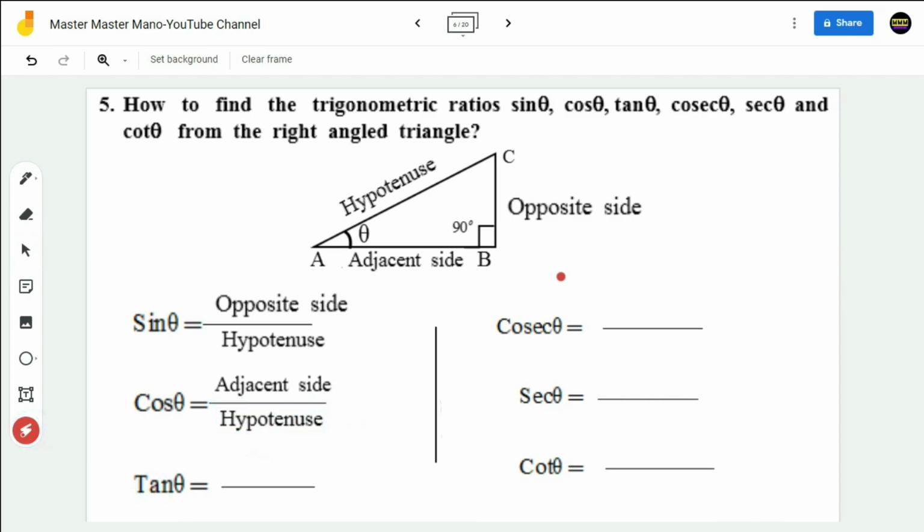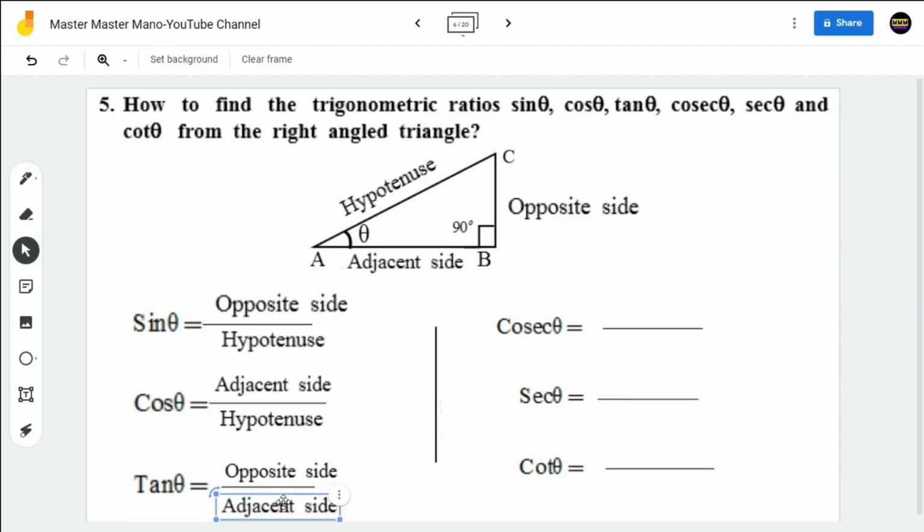Tan theta equal to opposite side by adjacent side. Now we have seen the three trigonometric ratios: sine theta equal to opposite side by hypotenuse, cos theta equal to adjacent side by hypotenuse, and tan theta equal to opposite side by adjacent side.